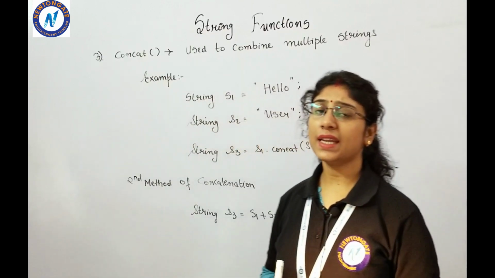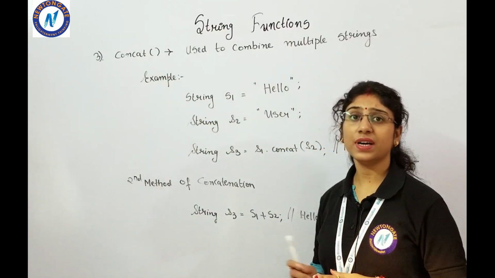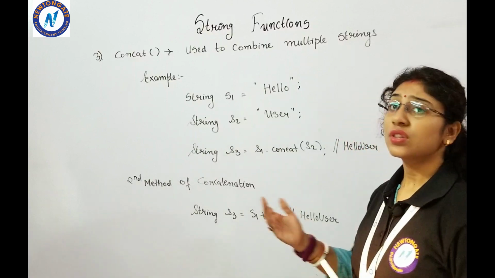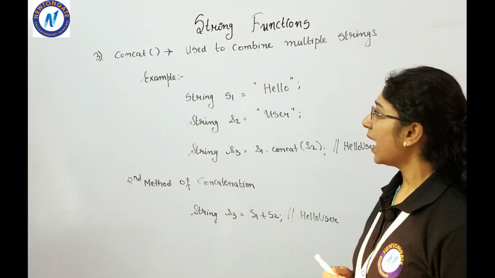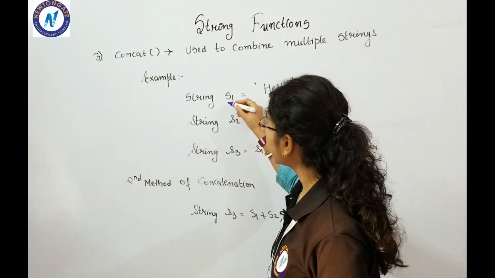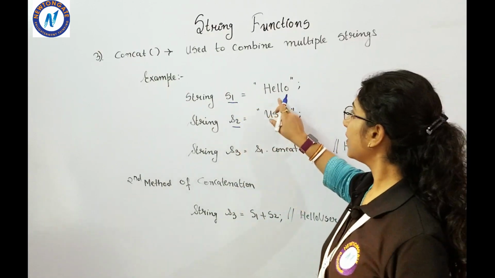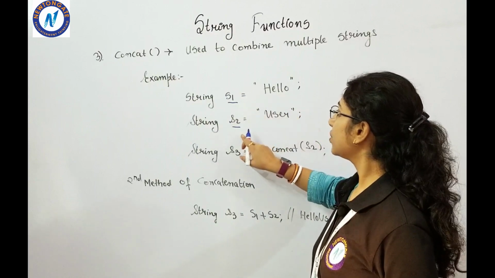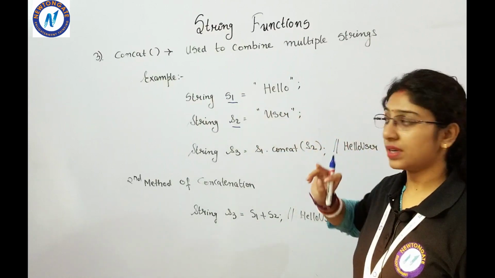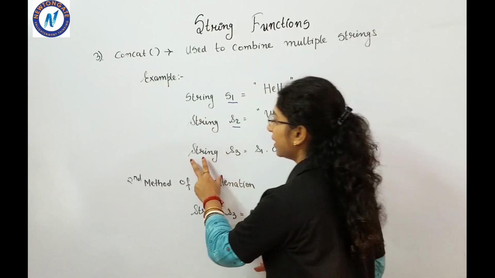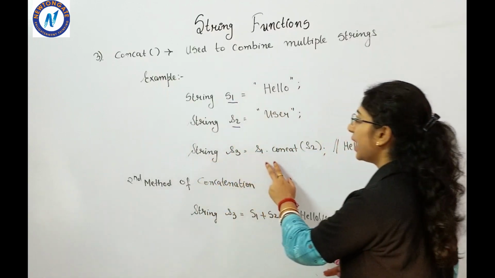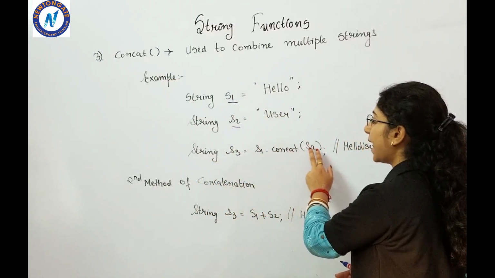Now the next method is the concat function, which is used for concatenating or joining the strings together. Okay, so for concatenation, two methods are there. First is using the concat method. So simply what I have done over here, I have created two string objects, s1 and s2. In s1 I have stored hello. In s2 I have stored user. Now I have taken a third variable, string s3, where I have written s1 dot concat s2.